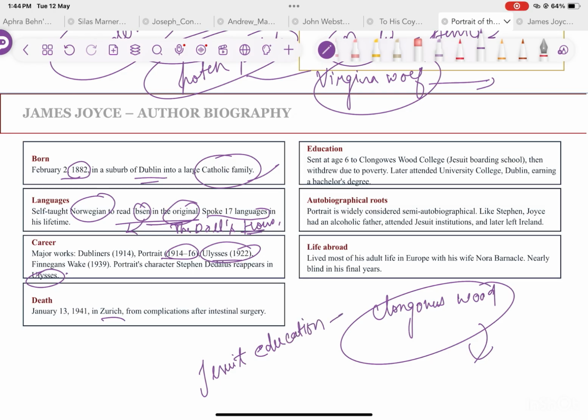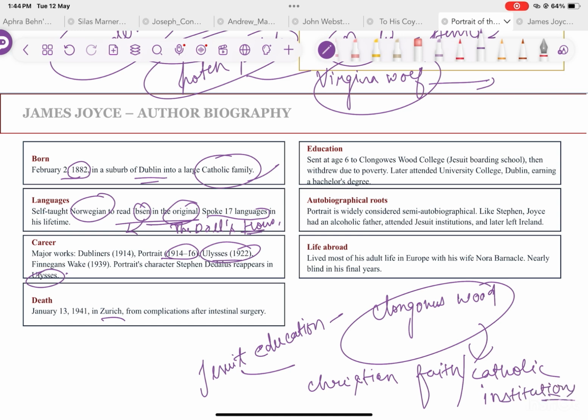So Joyce's experience in Jesuit schools deeply shaped his thinking. Stephen Dedalus studies in a Jesuit institution, struggles with Catholic guilt and religious pressure, and eventually rebels against religious authority. So these are also some Christian faith schools, Catholic institutions.